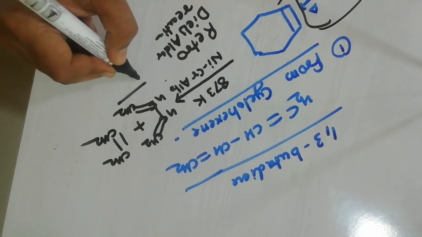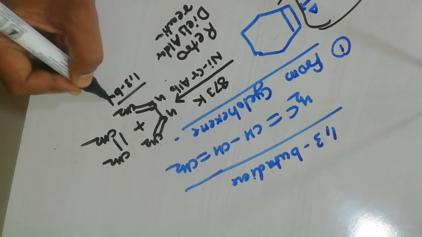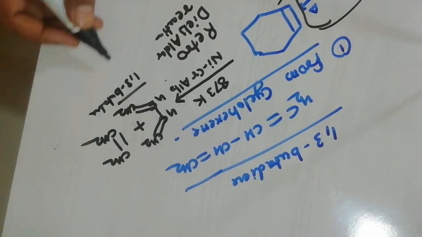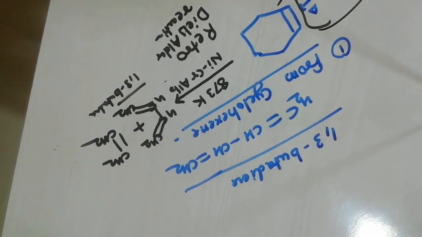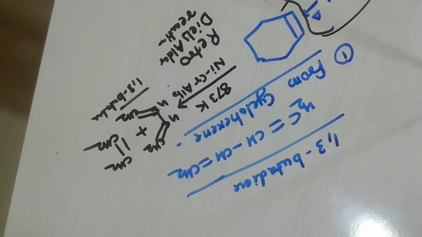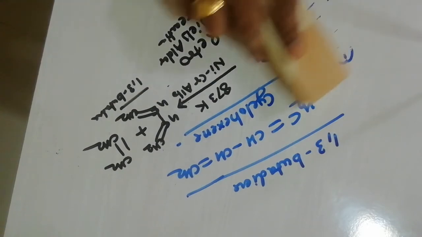So, one of the simplest ways to prepare 1,3-butadiene is to do the retro-Diels-Alder reaction of cyclohexene. There are other methods which are not a part of your curriculum. In examination you may find a question on classification of diene, and at the same time you may get a question on the preparation of 1,3-butadiene from cyclohexene.